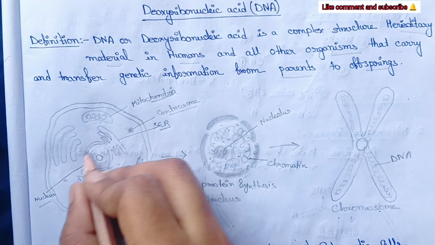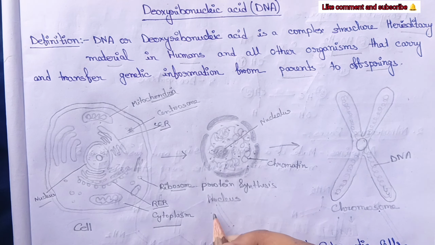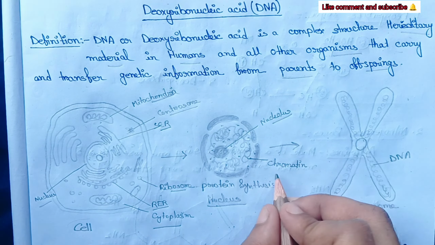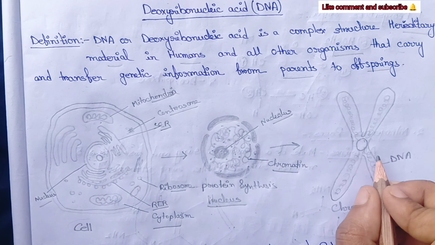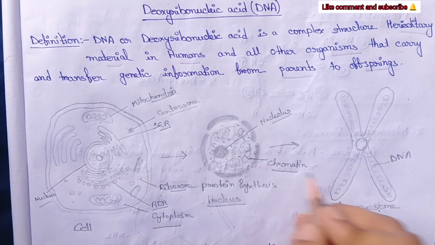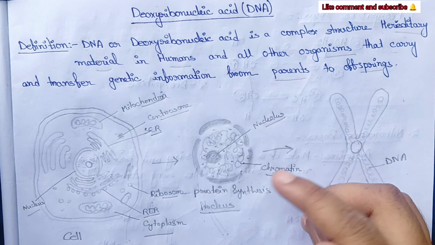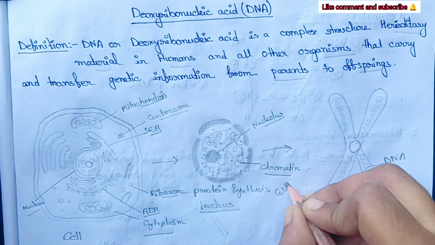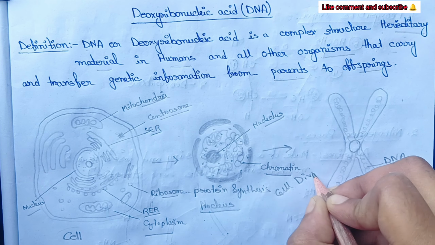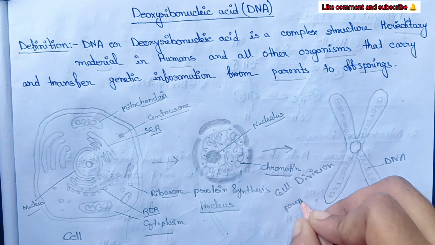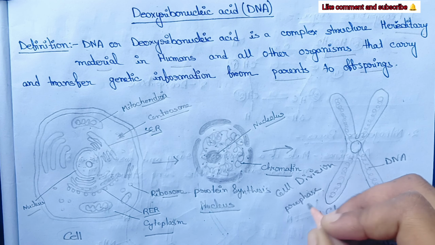Then in this nucleus, this is also a picture of the nucleus, and in the middle there is a nucleolus, and this is chromatin. This chromatin also forms a chromosome during cell division, at the prophase stage.